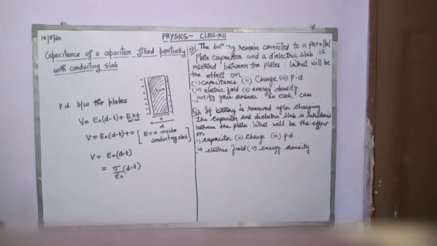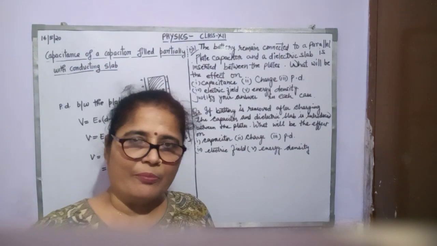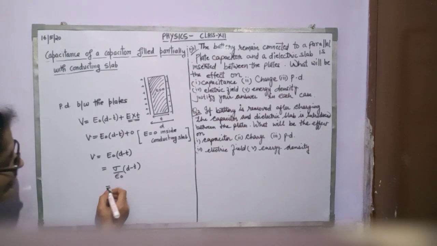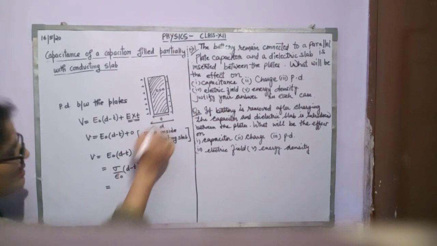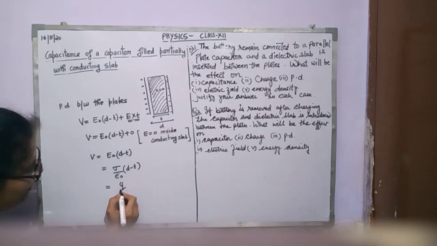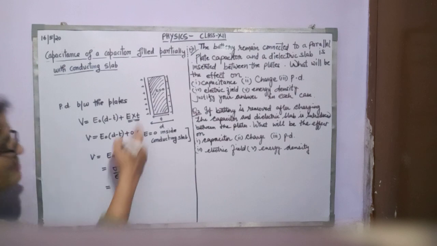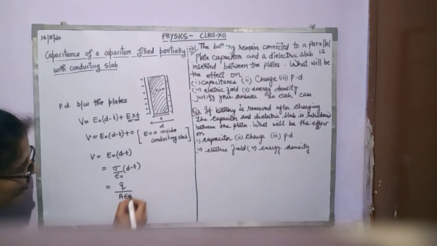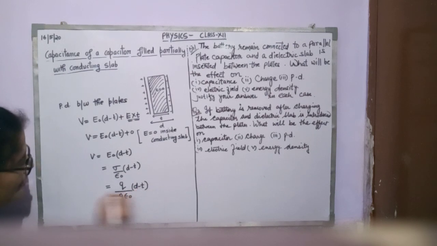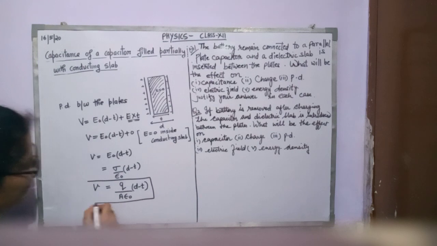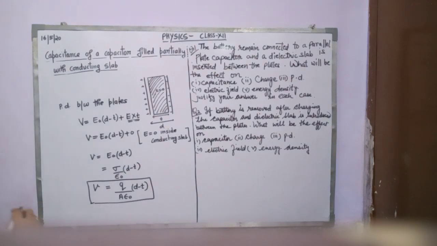Sigma is the surface charge density, that means charge divided by area. Suppose on each plate in magnitude the charge is Q. You can write Q upon A, where A is the area of each plate, so V is equal to Q by A epsilon naught times D minus T. This is the value of the potential difference between the plates.